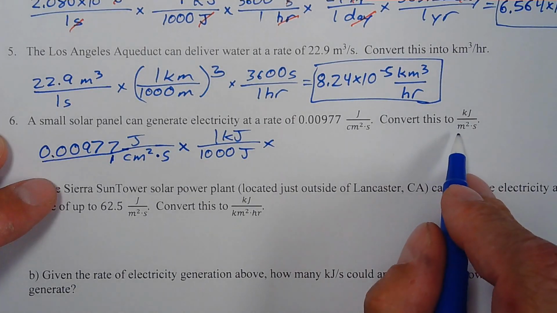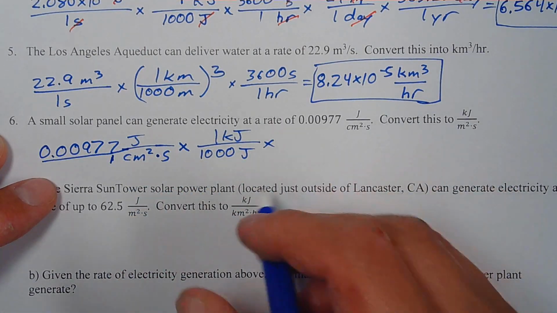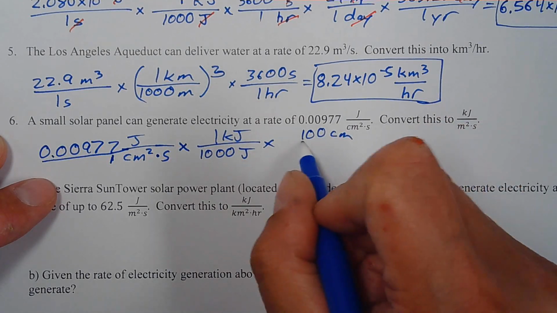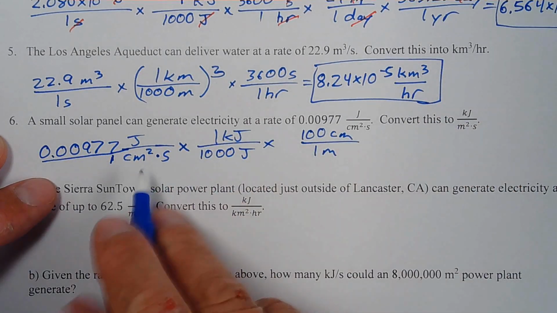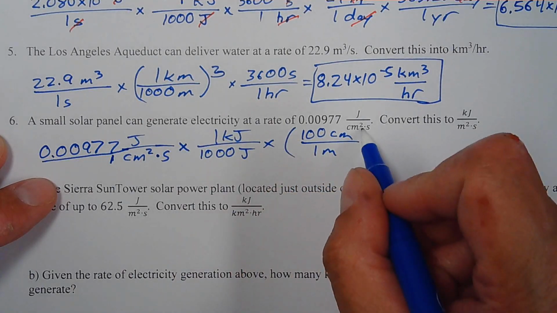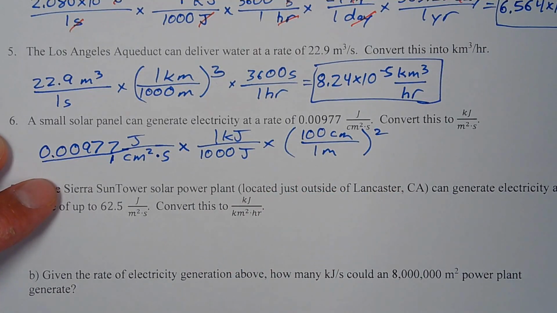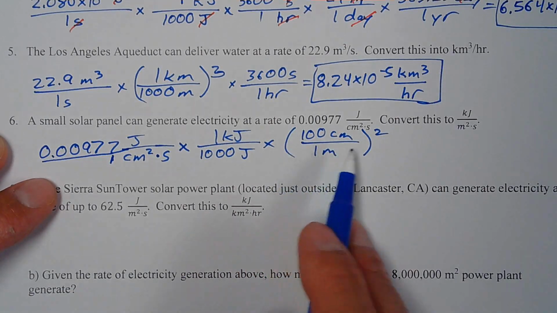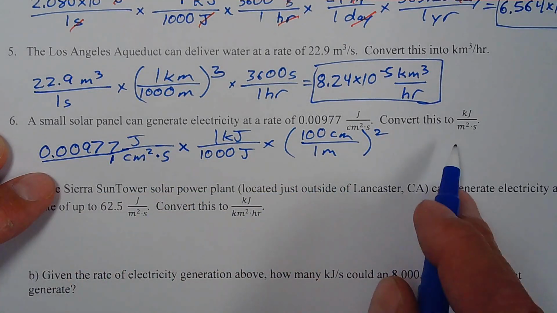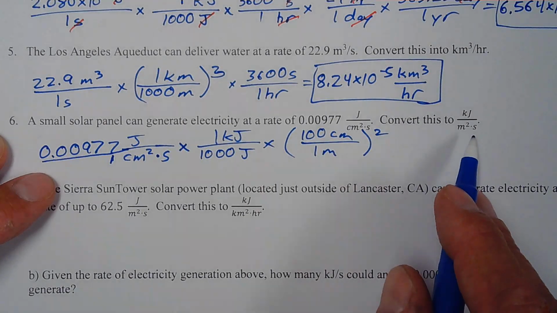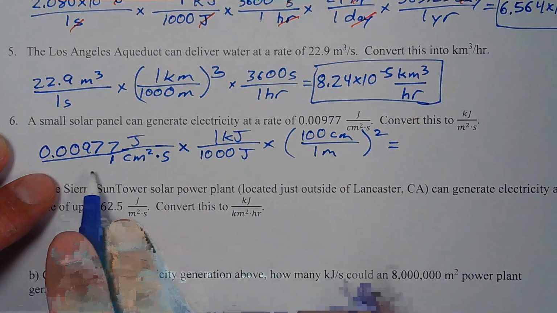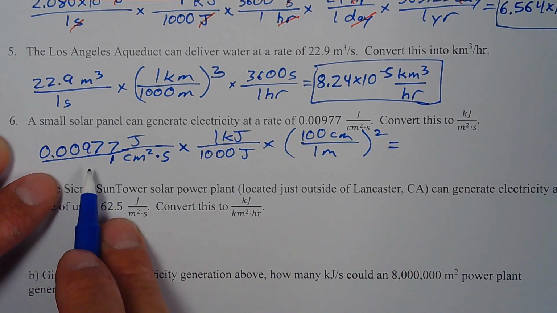And then we need to convert the centimeters into meters, so that's going to be 100 centimeters for every 1 meter. And since this is squared, we're going to square the conversion rate. In other words, we're not going to multiply by 100, we're going to multiply by 10,000. And then we convert the seconds into nothing. We don't need to convert the seconds. You don't always need to convert a unit just because it's a unit conversion problem.